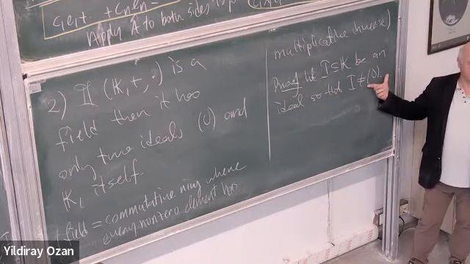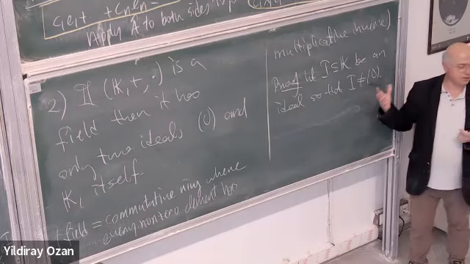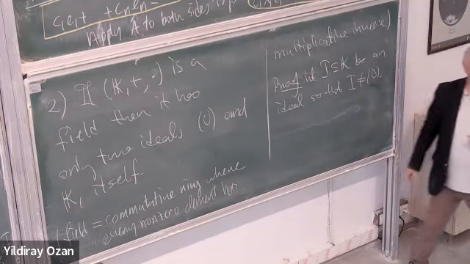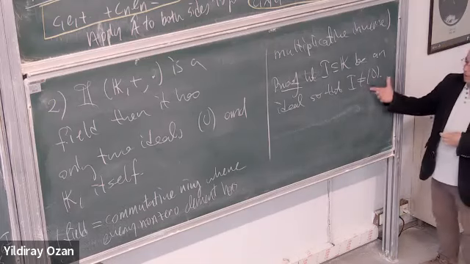That set is an ideal: it's a subgroup consisting of just the identity element, and it is closed under multiplication because r times zero is zero, so it is closed under arbitrary multiplication by elements of the ring.